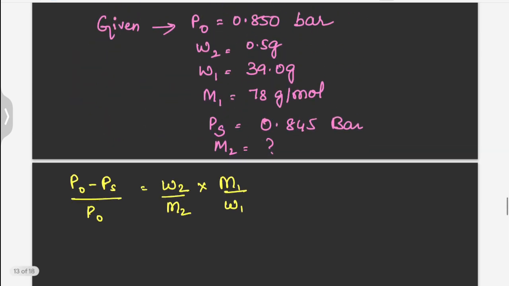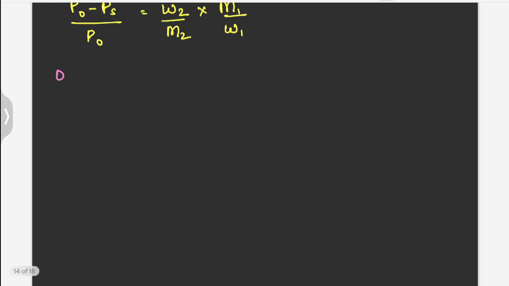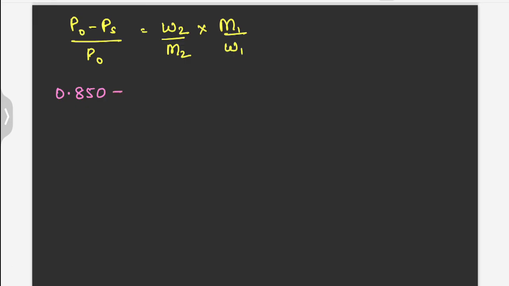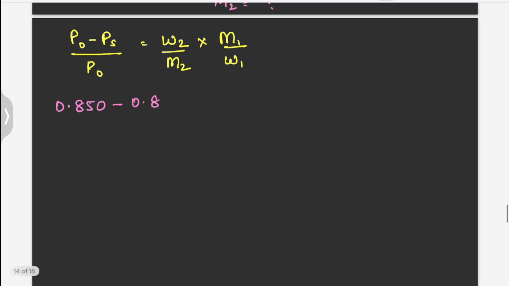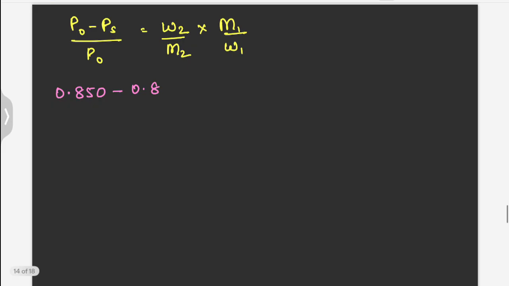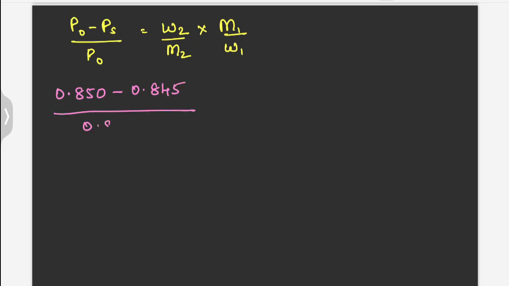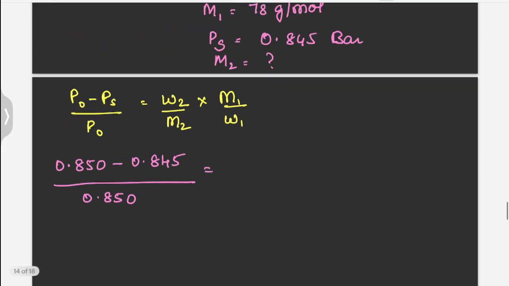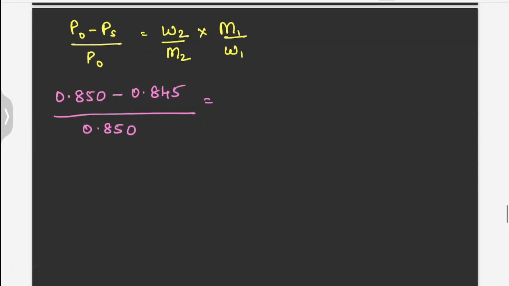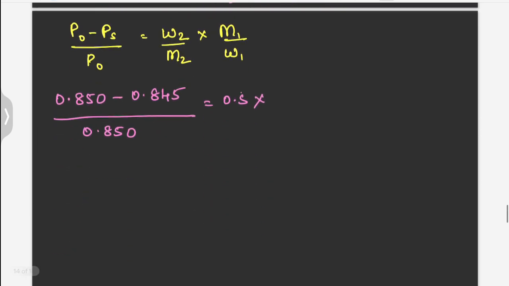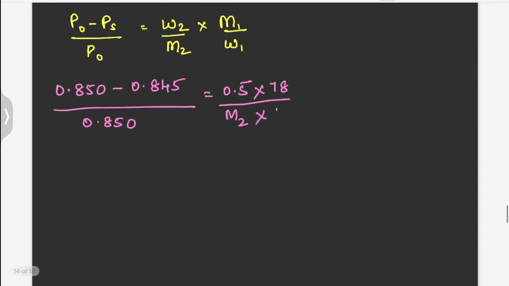So now substitute in this equation. What is P0? P0 is 0.850. 0.850 minus 0.845 divided by 0.850 is equal to W2 is given as 0.5 into M1 is given as 78, divided by M2 you should find into W1 is 39.